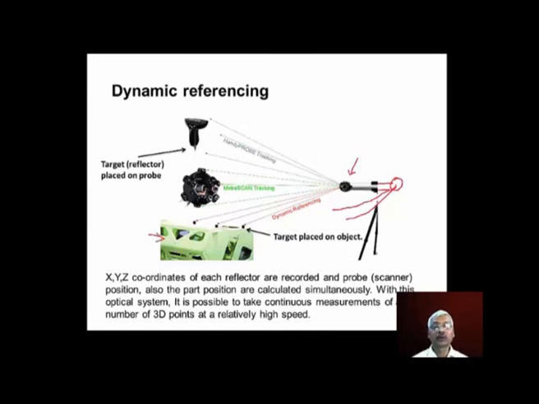You can observe that the targets or reflectors are placed at specified locations on the workpiece to be inspected, and also on the scanner, and reflectors are placed on the probe system also. The XYZ coordinates of each reflector are recorded. The dual camera system will be recording the XYZ coordinates of the reflectors placed on the workpiece and the XYZ coordinates of the reflectors placed on the probe system or scanner system.